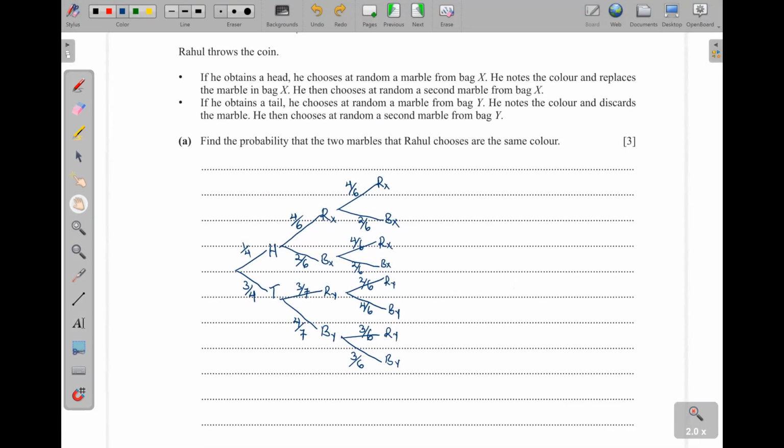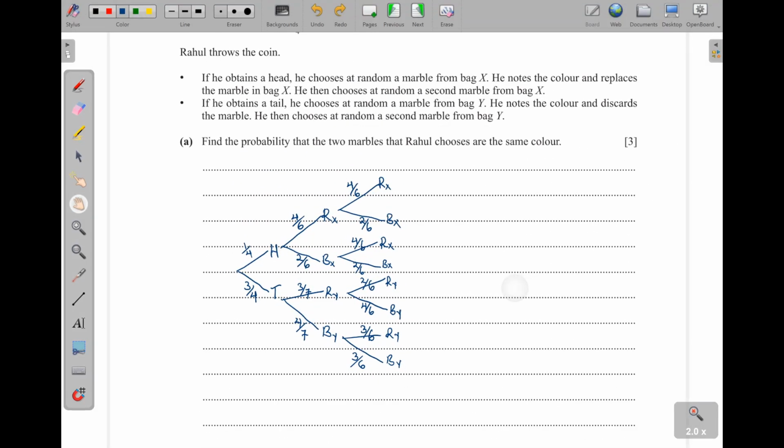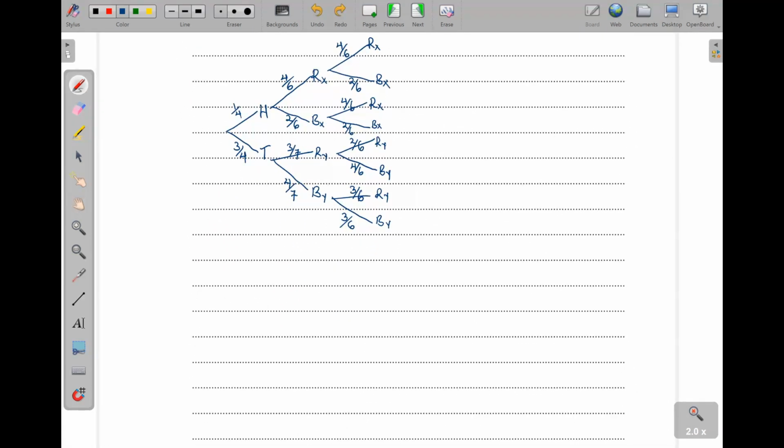Now, they want us to find the probability that the 2 marbles that Rahul chooses are of the same color. So, for the same color, it can be when this person first throws and obtains a head, and then gets red and then red from X, or throws a head, but then gets blue from X, so blue and then blue.